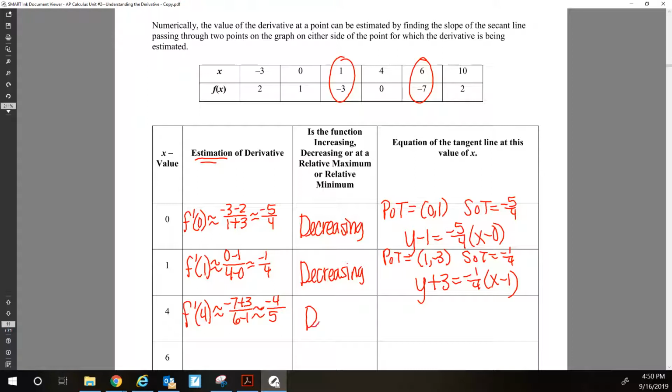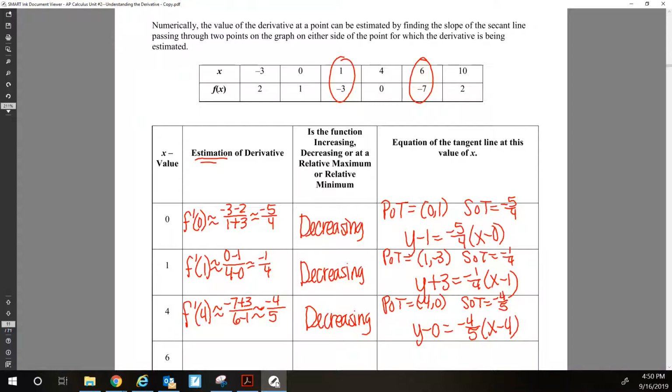Decreasing, right? It's negative, so we know it's decreasing. Our point there at 4, which is on our tangent line, is 4, 0. We said the slope of the tangent line was -4/5. So y minus 0 is equal to -4/5 times x minus 4.